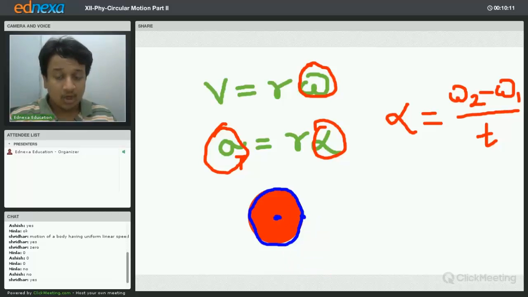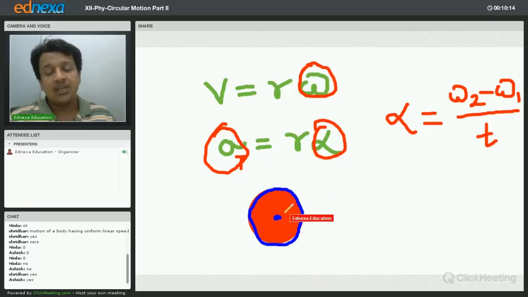Is it right? When an object is moving around a common center, there should be a force present at the center.